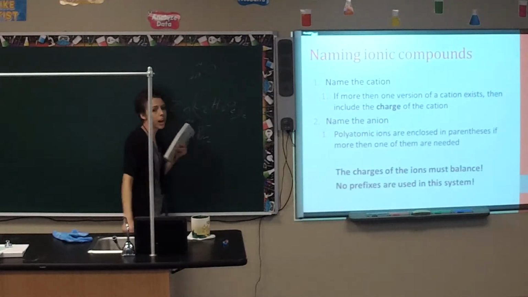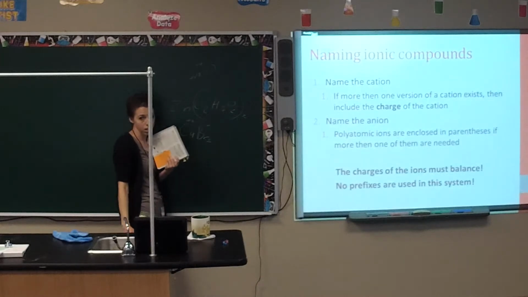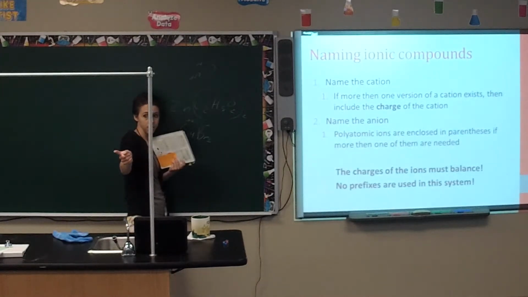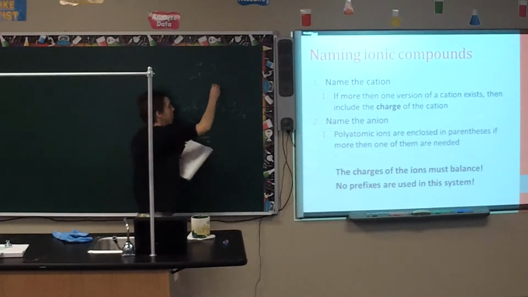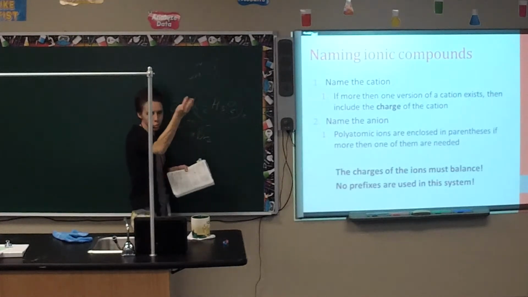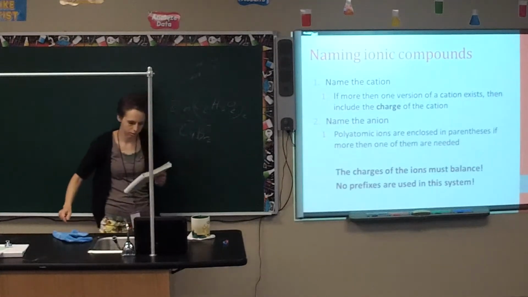Now how many does oxygen typically take? 2, but this is tin, so it's going to be tin, oxygen 2. Good job. That way each oxygen has only taken 2, but then I need 2 of them, so each one gets 2, and it balances out to the tin's 4.